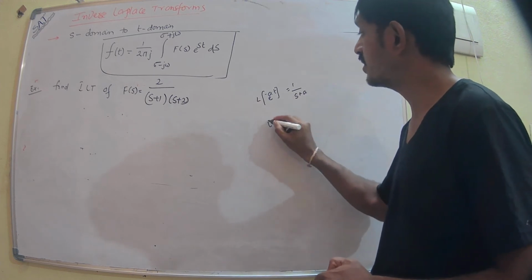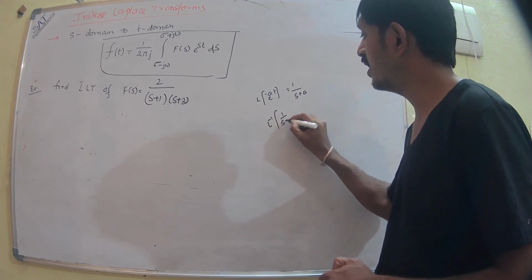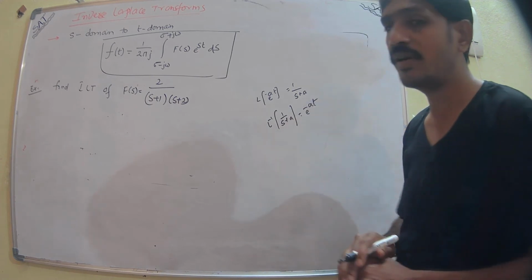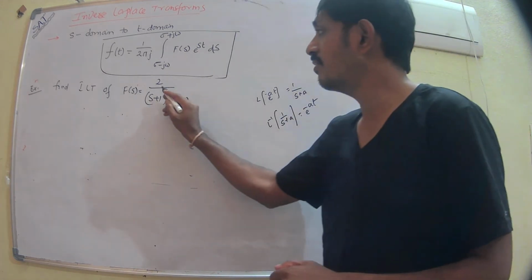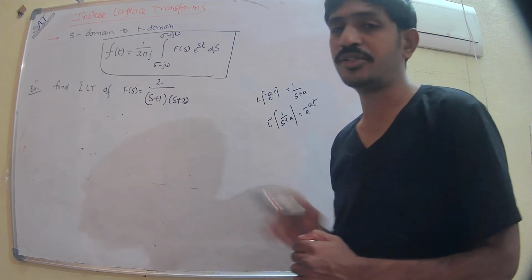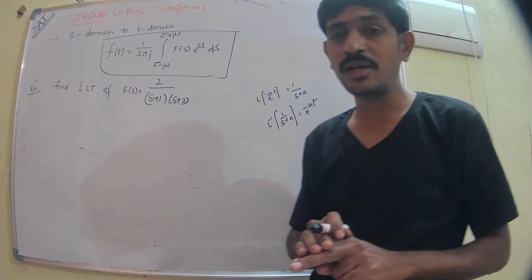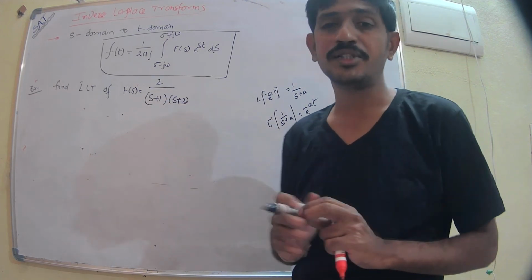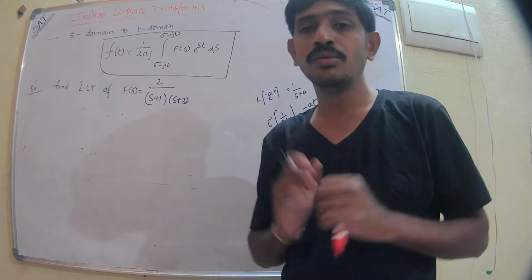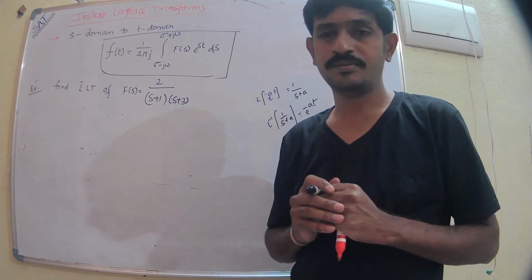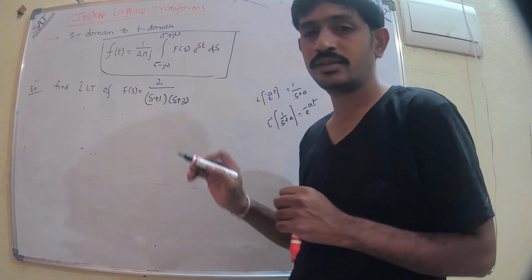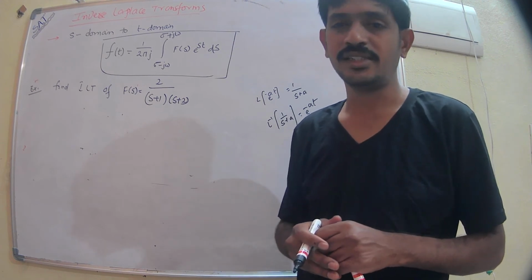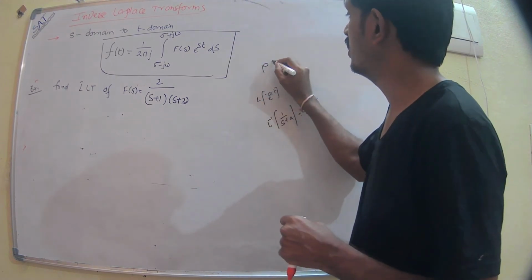The inverse Laplace transform of 1 by s plus a is e power minus at. It is in the form of 1 by s plus 1 and 1 by s plus 2, but there is no formula for the product of 1 by s plus 1 and 1 by s plus 2. So we can split it into two parts, and to split it we can use partial fractions.